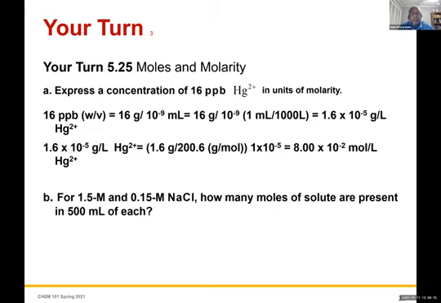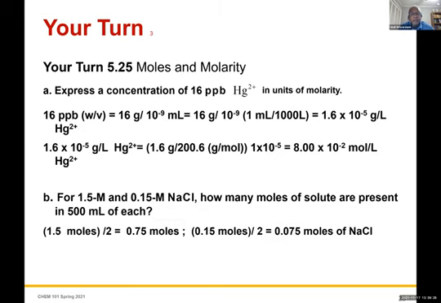Now, the second problem, 1.5 molar and 0.15 molar, how many moles are present in each? For the first solution, the number of moles is half. 500 milliliters is half of a liter.